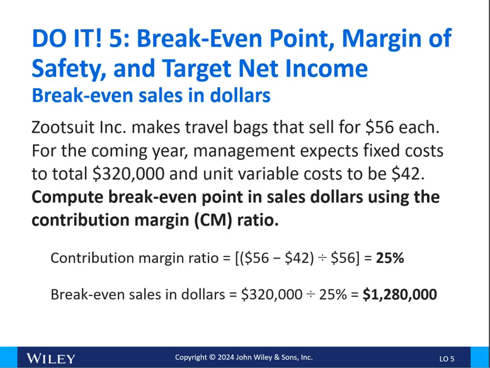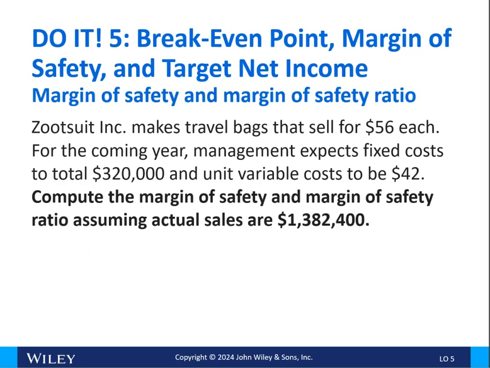Break-even sales in dollars is our fixed cost divided by that contribution margin ratio. So $320,000 divided by 25%, so $1,280,000 of sales, and we break even. So we'll have zero net income at that point.